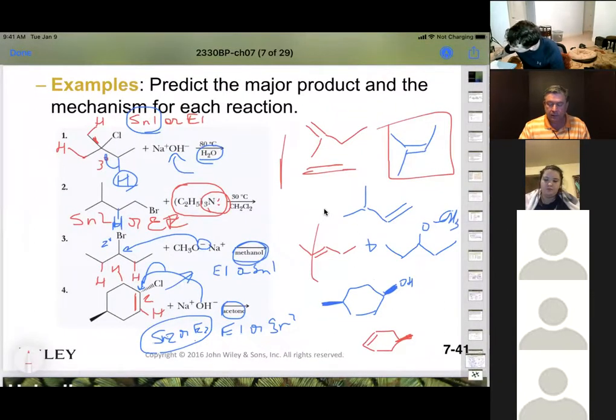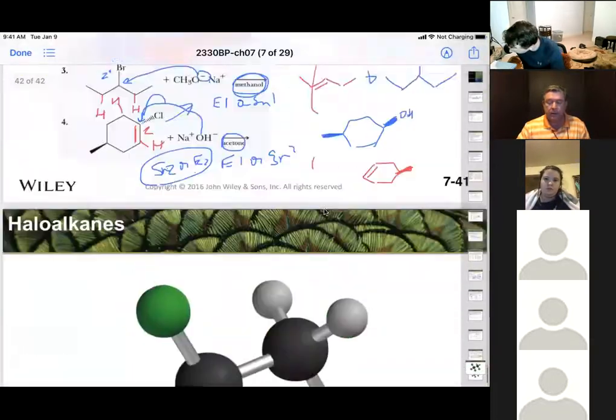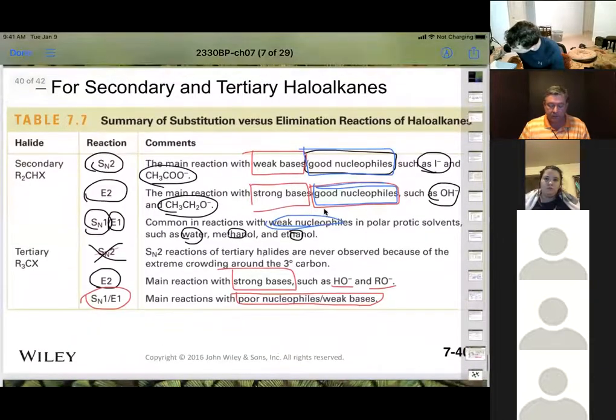Let's go back to this table again. Whenever you have that, SN2 never occurs. We have weak base, good nucleophile, it does the substitution reaction. Strong base, good nucleophile, it does the elimination reaction.